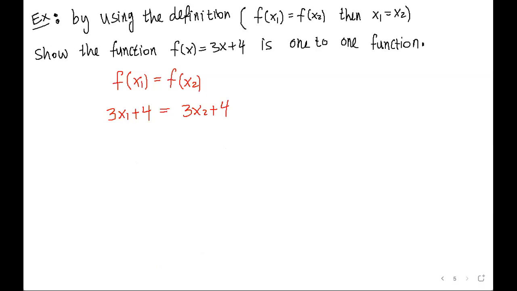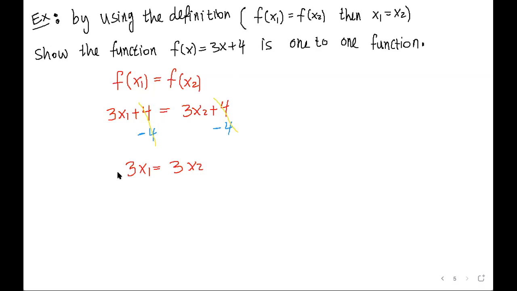Now, how can I solve this one? What do I have to do in this step? Subtract 4 on both sides. Nice. Then what I get here, it canceled. Yeah, 3x1 is equal to 3x2. Nice. Then divide both sides by 3. Okay, cancel.